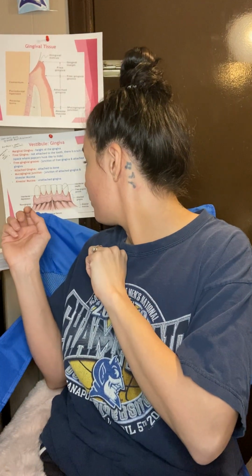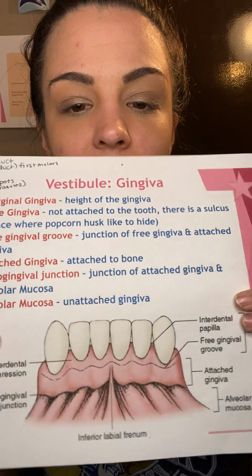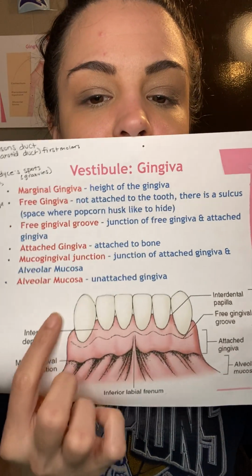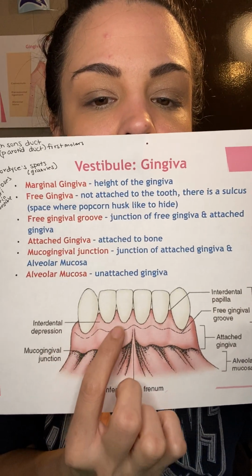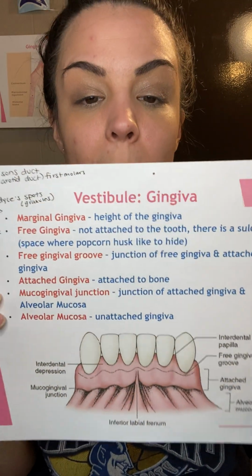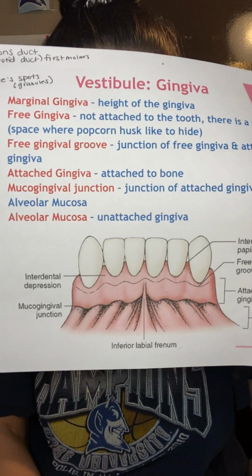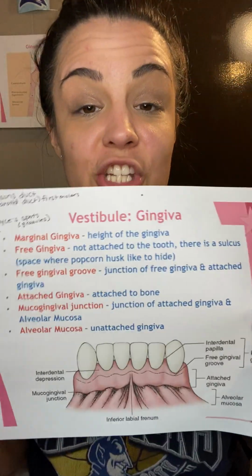So, I have a picture. Okay, so you see this demarcation line right here? That is going to be your free gingival groove, right? And we want to know where the boundaries of free gingiva are.